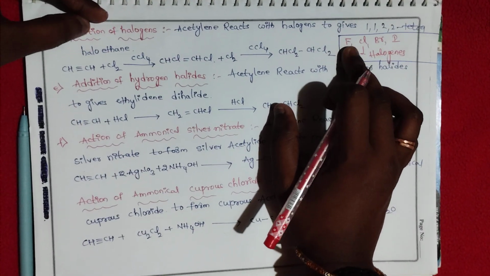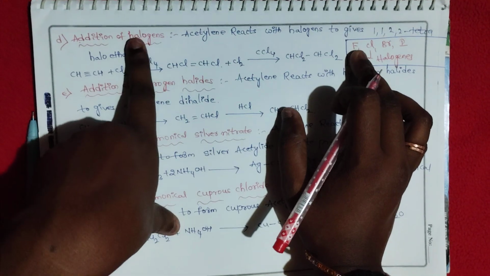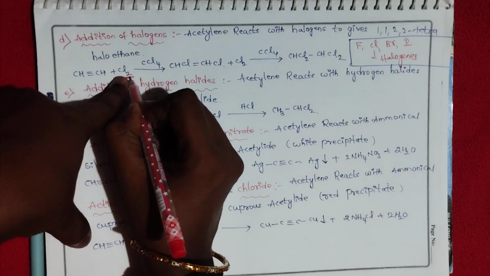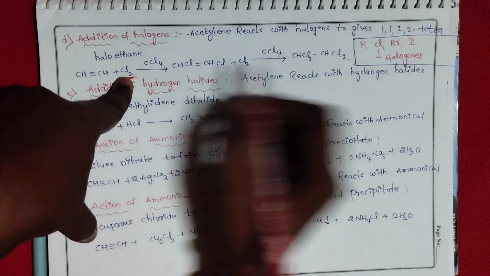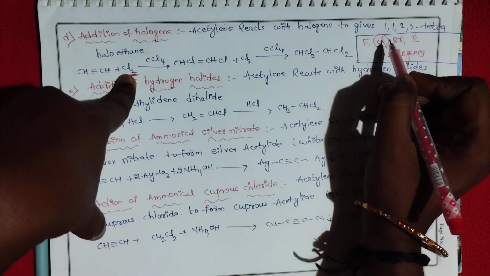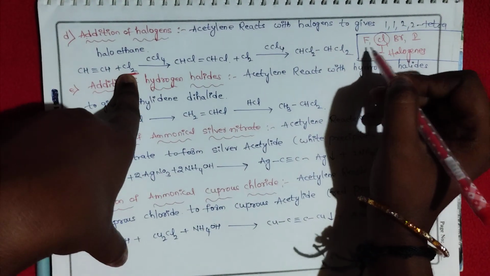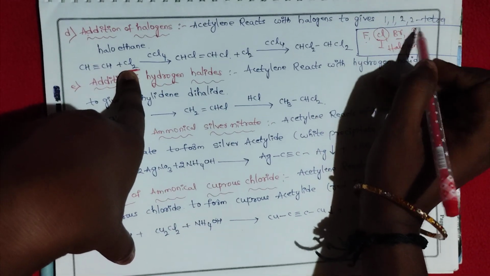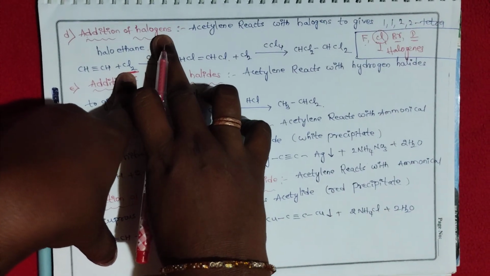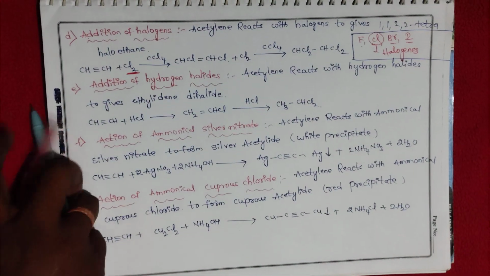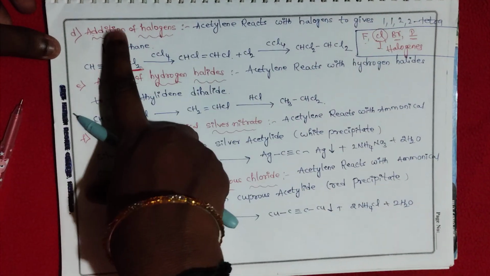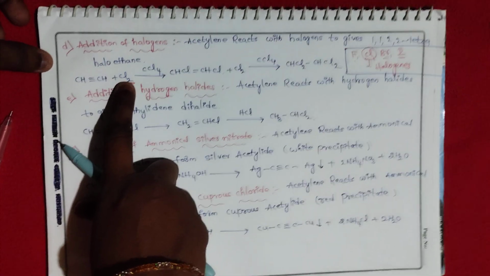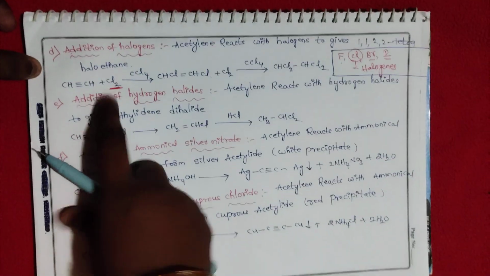For the explanation of addition of halogens, we are selecting chlorine. If you like, you can also take bromine or iodine as you wish. Chlorine is taken as an example for halogens.